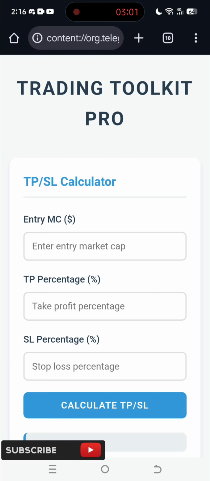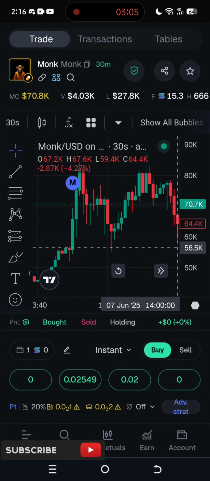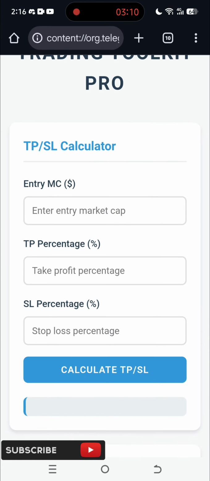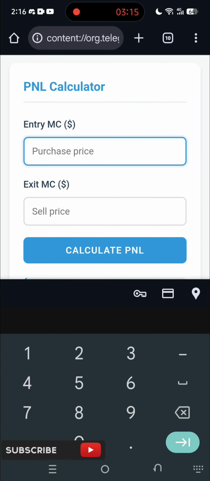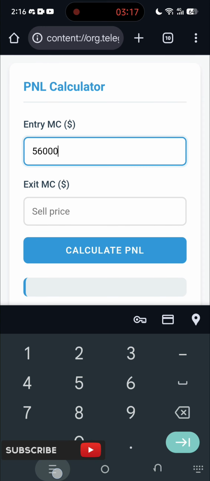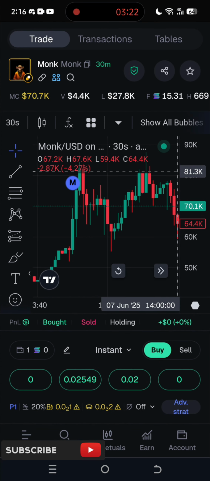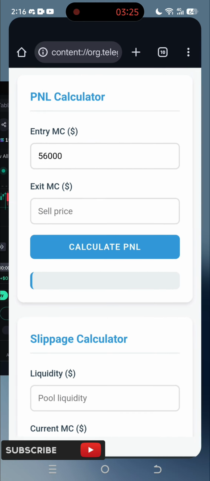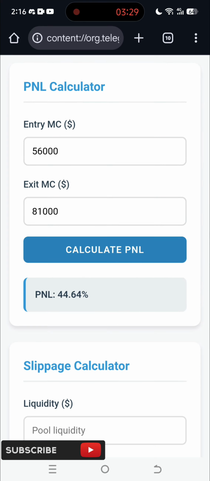So now the entry was what? The entry was, let's say, around 56,000 market cap. Entry 56,000 market cap. Then the exit will be around, let's say, 81,000. So this will be 44% profit.